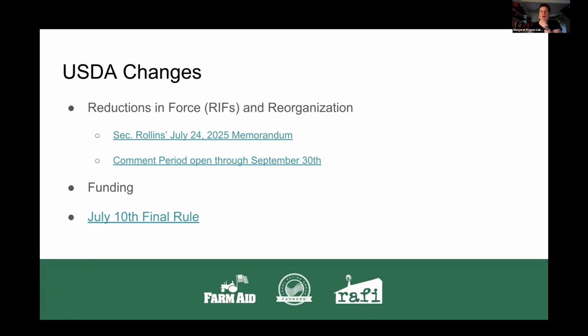Broadly speaking, many of those types of actions are challenged in lawsuits, too many of them to summarize here, and legal fights take a long time. But in terms of impact on farmers, it's important to acknowledge that in some areas, programs that were helping farmers access USDA resources via technical assistance providers might not be funded, or might be funded less, and that makes our work as direct service providers doubly important.